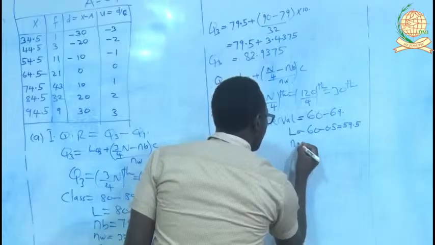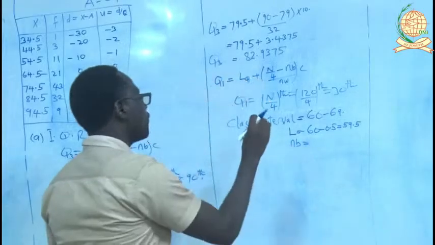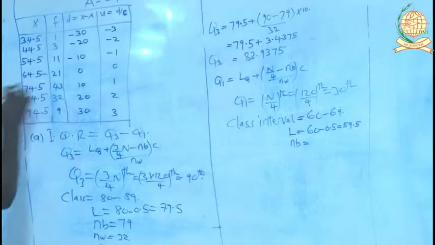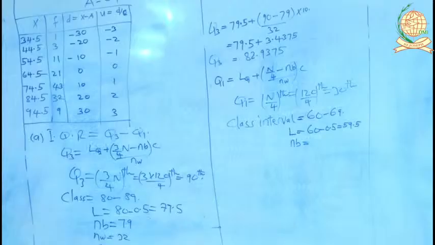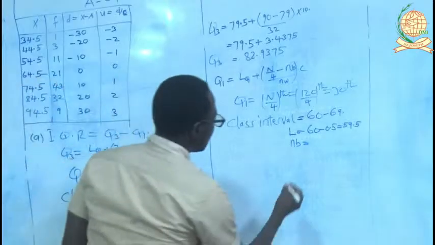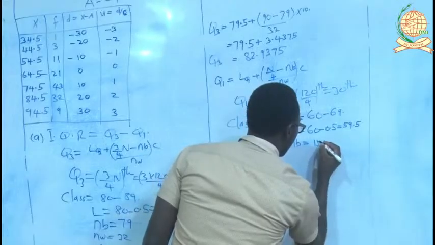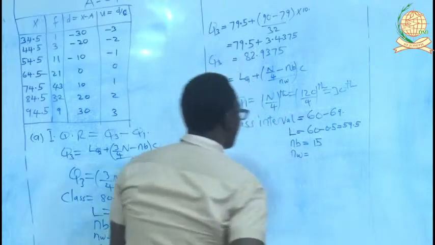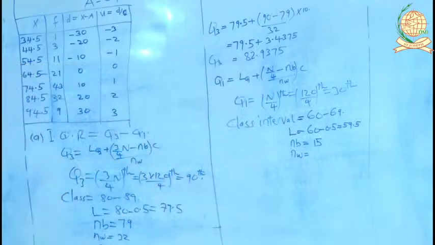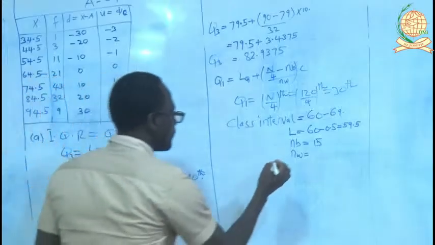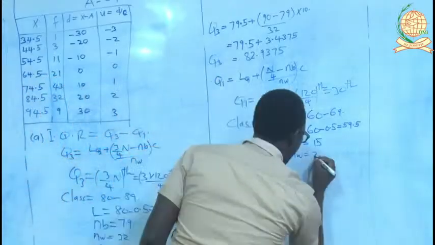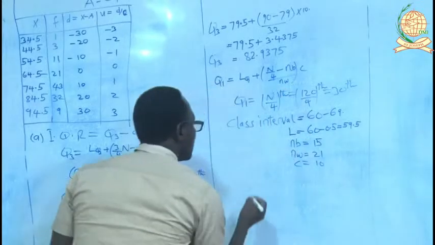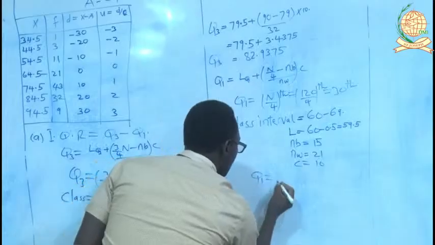Okay, NB, the total number of frequencies before the class interval. The class interval is at 21, 60 to 69. So you take 1 plus 3 plus 11. You get 15. Okay, NW, the number of frequencies within the class, 21. And C is 10.